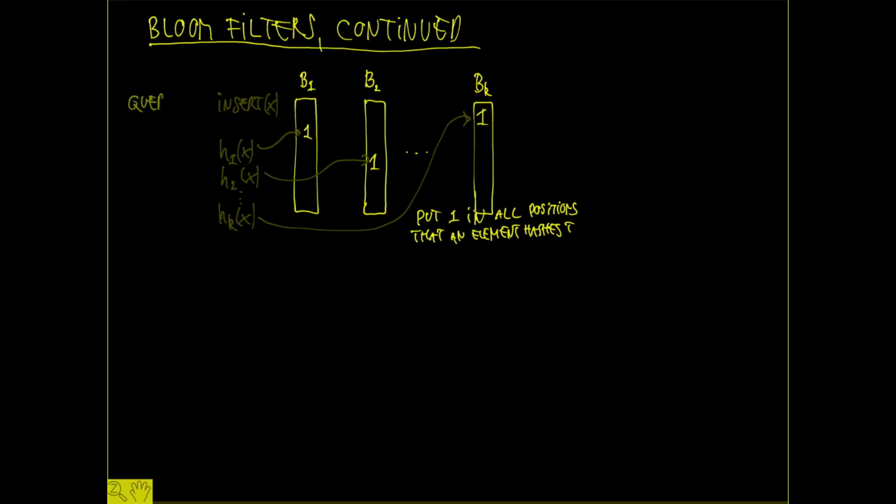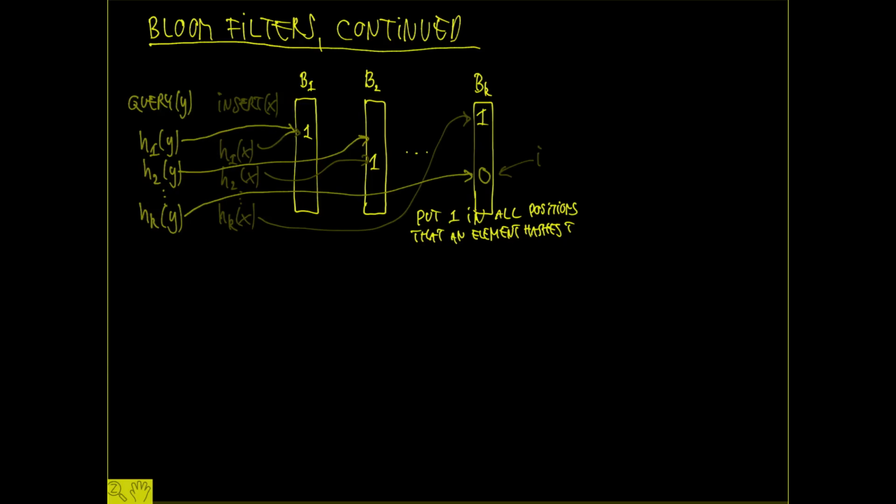So suppose we query for some element y. We're going to do almost the same thing. We're going to evaluate all of the hash values, and we're going to look in these bit vectors. If we see a 0 somewhere, then we know that for sure y cannot have been inserted, because then we would have placed a 1.